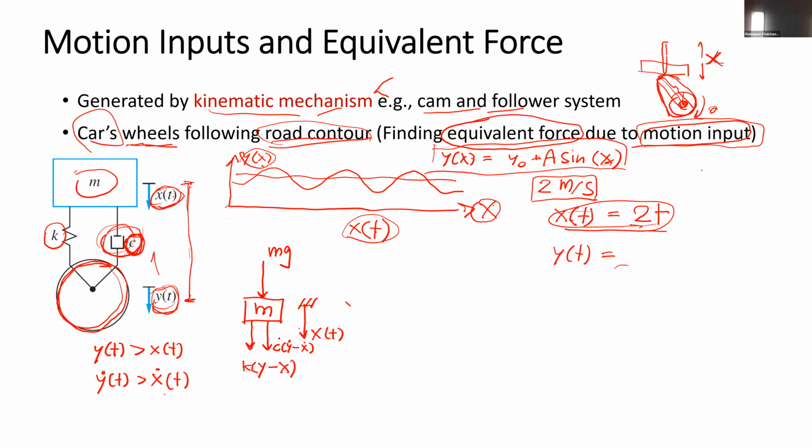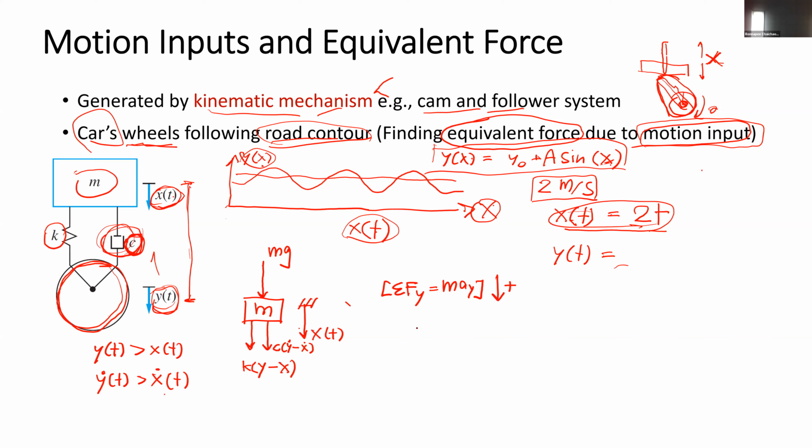And if we find the equilibrium of force in the vertical, summation Fy equals m a_y. In this case, we put downward as positive. So what are we going to have? Downward positive, right?